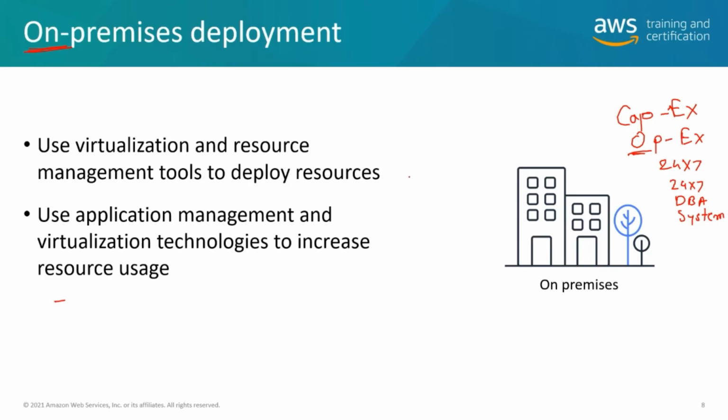So you can make use of virtualization techniques in the on-premises deployment. Create virtual machines and run your servers to have complete utilization of your resources. So this is the on-premises deployment. You are not making use of the cloud here. Everything is under your control, and you need to do everything: monitoring, security, availability, everything.